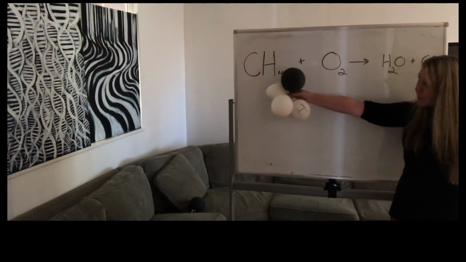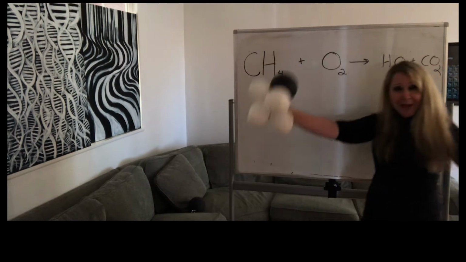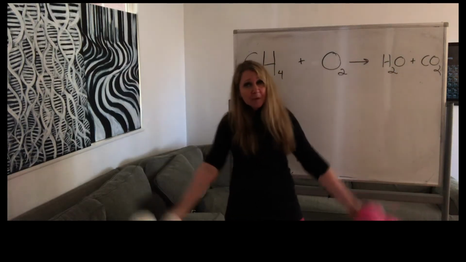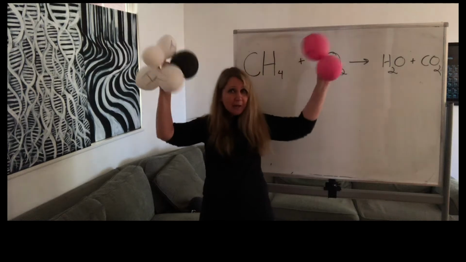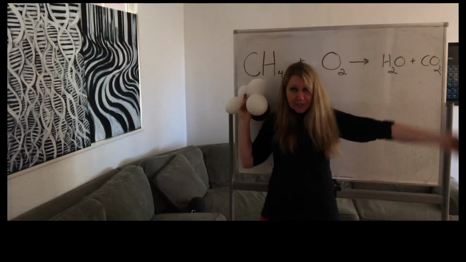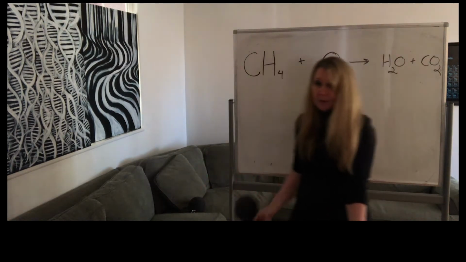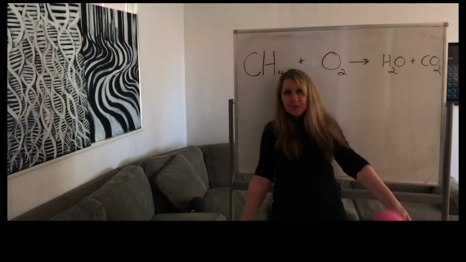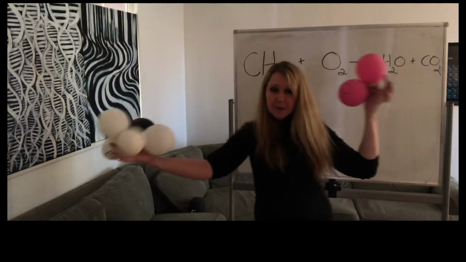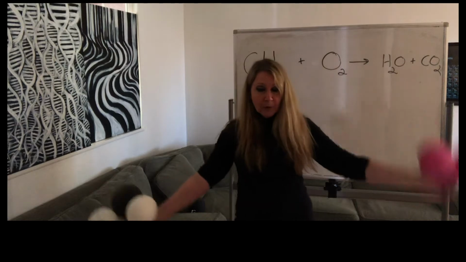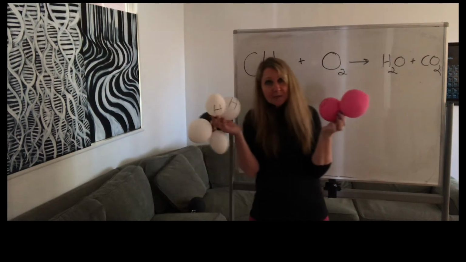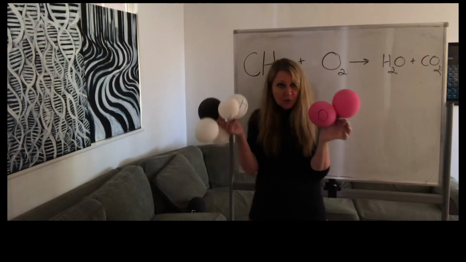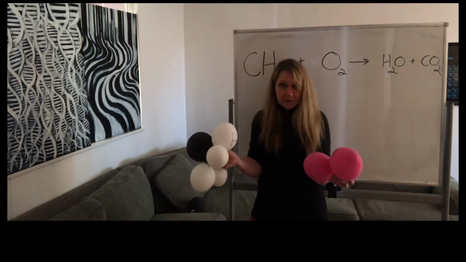Now, when we balance equations, we're following the law of conservation of matter. So there's got to be the same number and type of atoms on each side of the reaction or equation, since we sometimes call it an equation because the numbers should be equal. However, when you are given an unbalanced equation, it is hypothetical because in nature it's not going to be unbalanced.